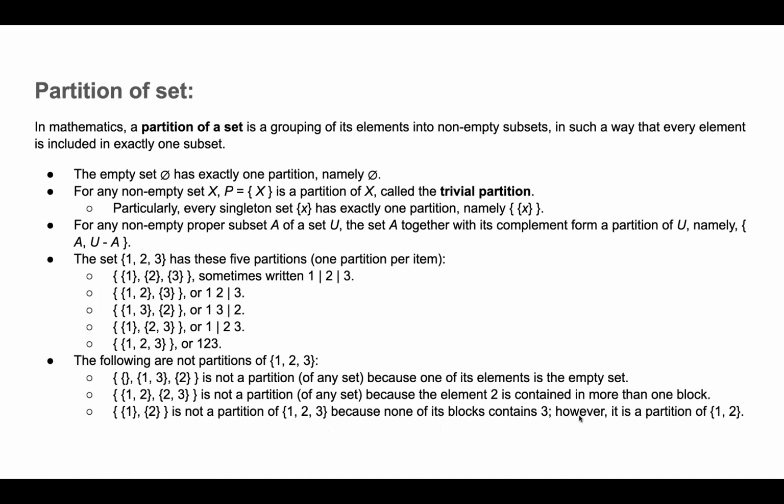However, it is a partition of {1, 2}. As the set is {1, 2, 3}, only 1 and 2 will not be the partition, 3 also should be there. So this is also not a partition.